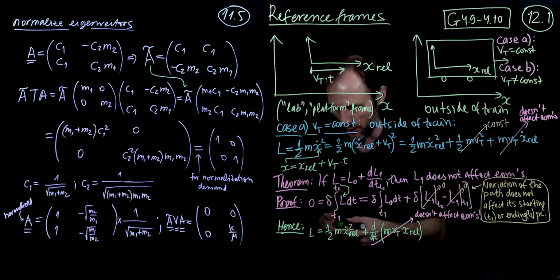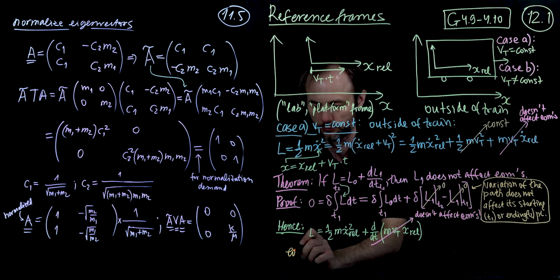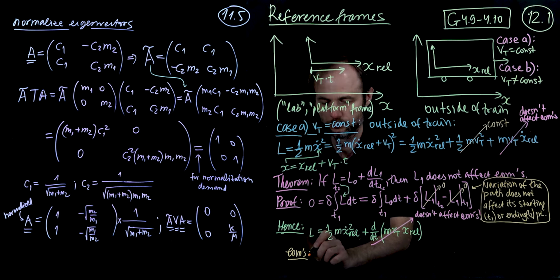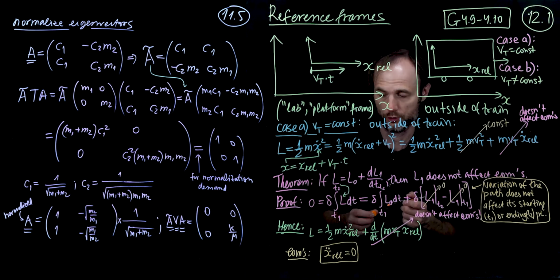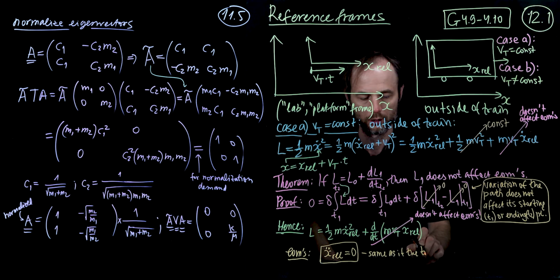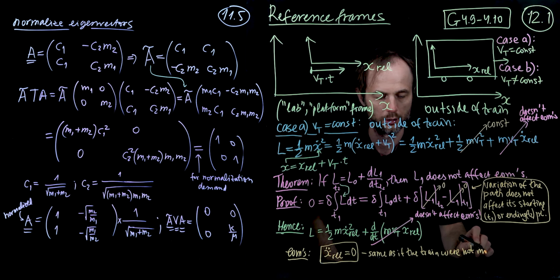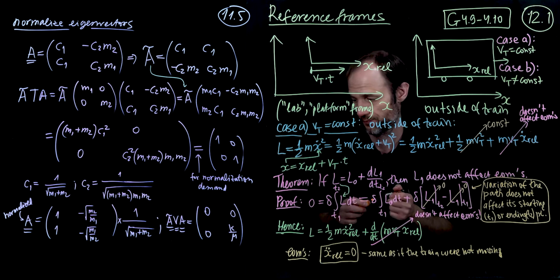So as a result, our equation of motion is going to be just due to this term, x rel double dot is equal to 0. That is in the absence of external forces. So it's exactly the same as if the train were not moving.